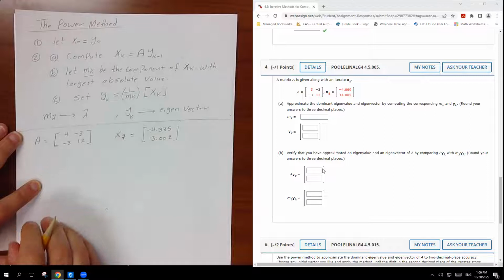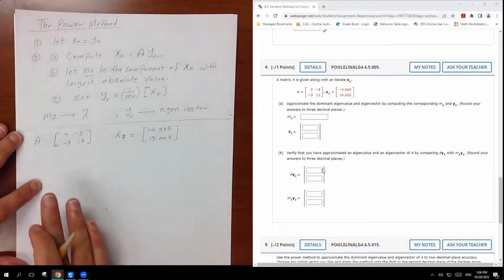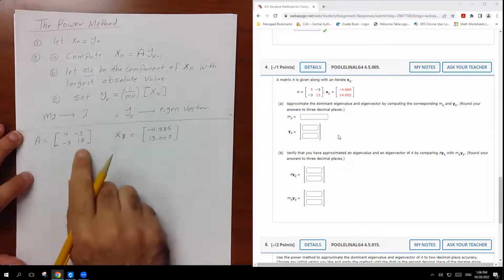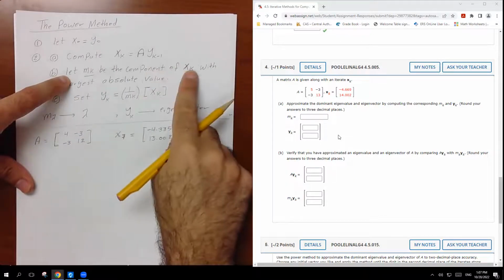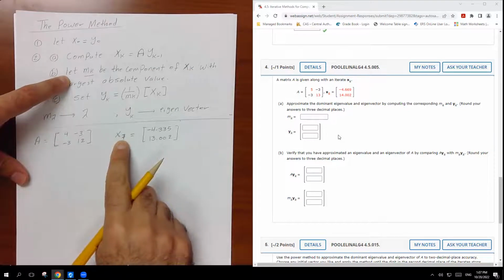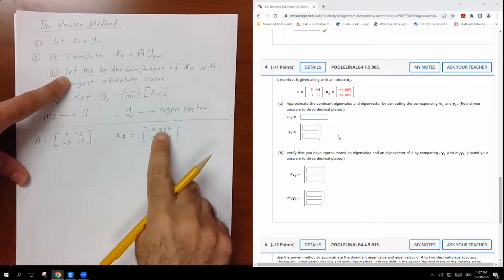So now look at what they ask you here: MK and YK, the first two components. How are we going to find that? If you check here, they're saying MK is the component of XK. Now we need to find M7, meaning the component with the largest absolute value.